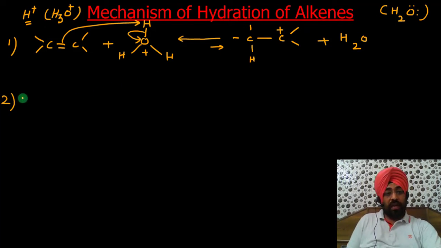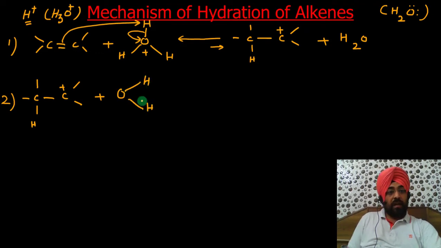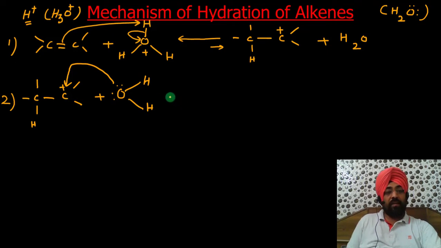So I will show the attack of nucleophile as this H C positive plus water. So we can write water like this. So these electrons will go here. So we can say this nucleophile will attack to this carbon.